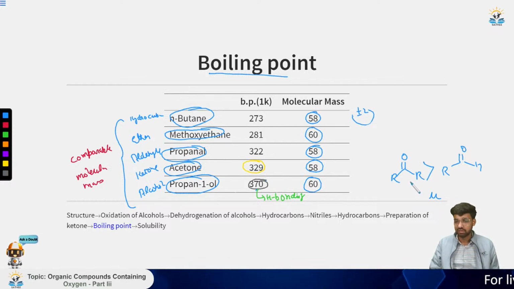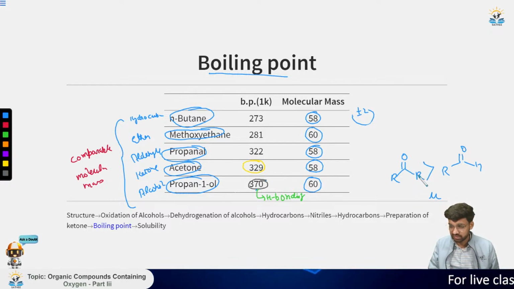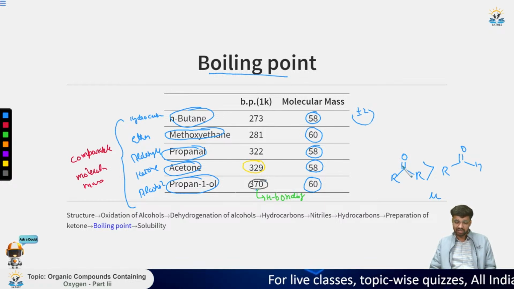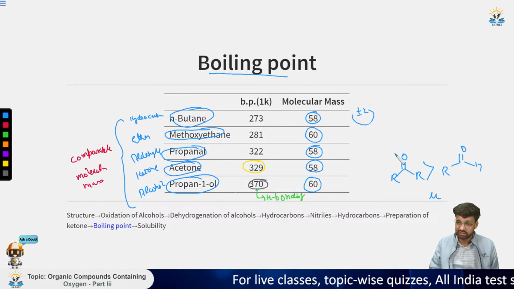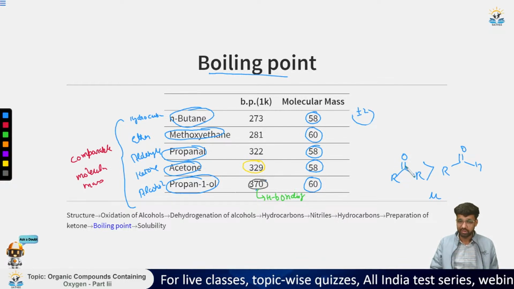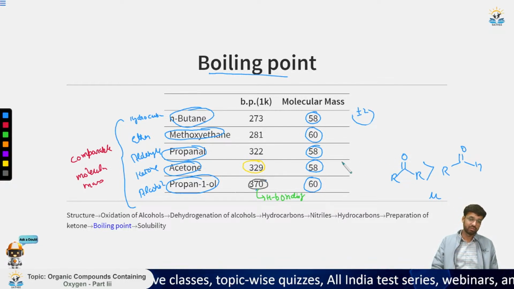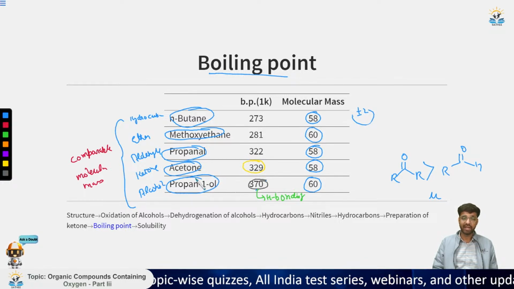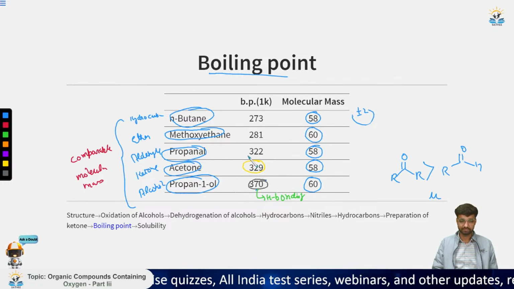And why? Because both are R groups, so they are doing a plus I inductive effect and increasing the electron density on this oxygen, and we are getting a greater separation of charges. So due to this reason it is more polar. Now this is polar, so it will form a dipole. So the dipole interaction in case of acetone is more as compared to propanal.